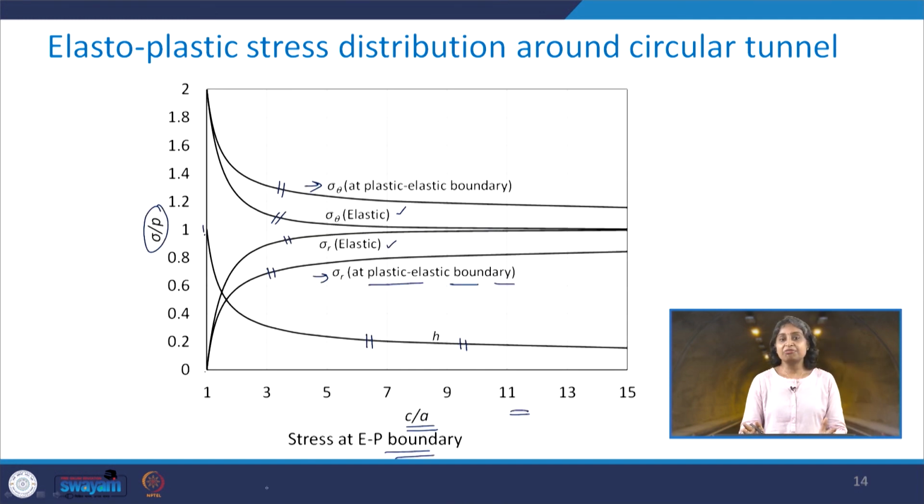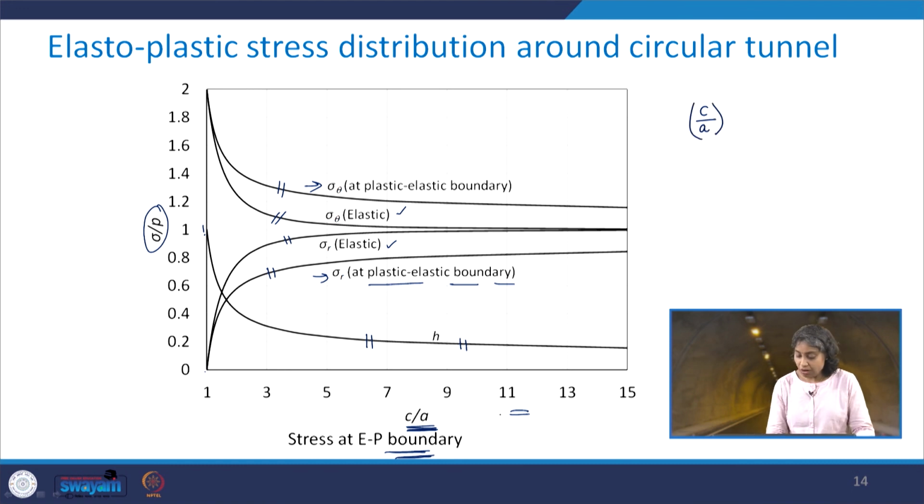So, here is a figure which gives us an idea about the stress distribution at the elastoplastic boundary. On the x-axis, we have C by A, where C was the radius of the elastoplastic boundary and A was the radius of the circular tunnel.